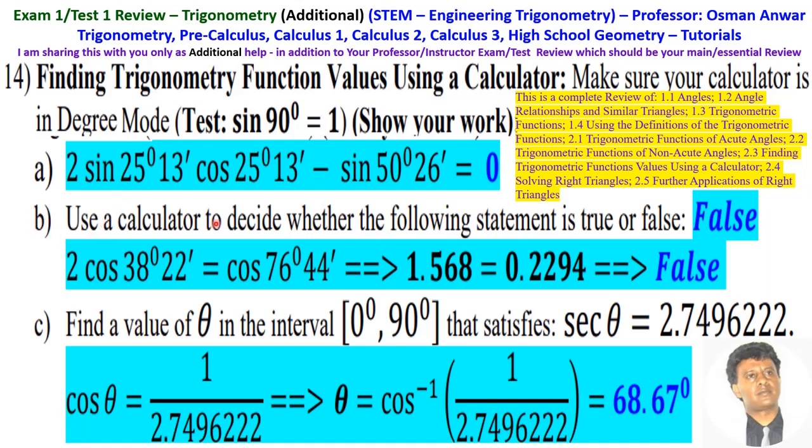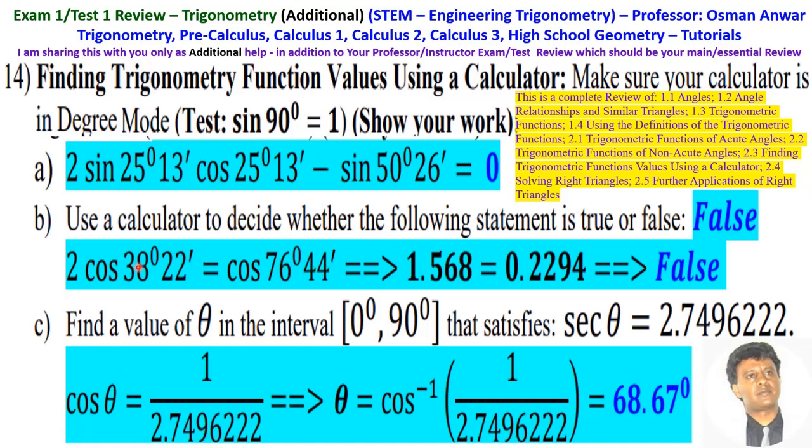Number B is use a calculator to decide whether the following statement is true. So 2 cosine 38 degree 22 minutes equals cosine 76 degree and 44 minutes. So this is 38 degree 22 minutes and 76 degree and 44 minutes.